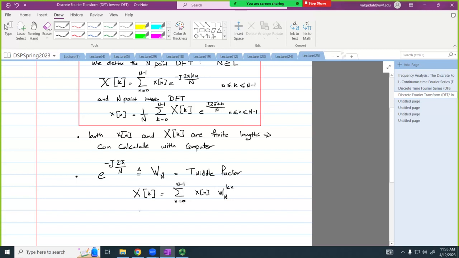And we can write the inverse discrete Fourier transform as x of n equal to the summation from k equals 0 to N minus 1, 1 over N, X of k multiplied by W_N to the power of negative k multiplied by n.